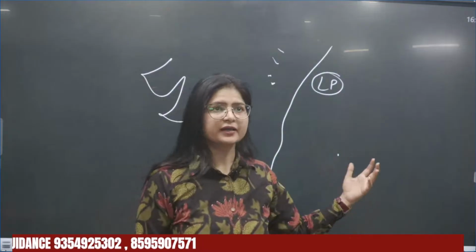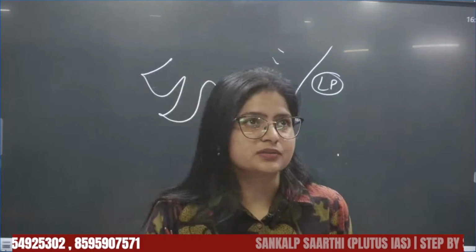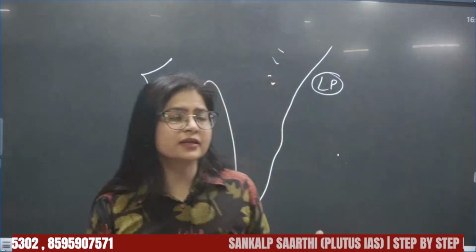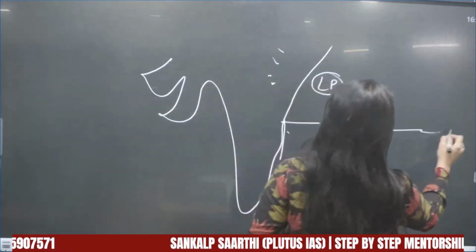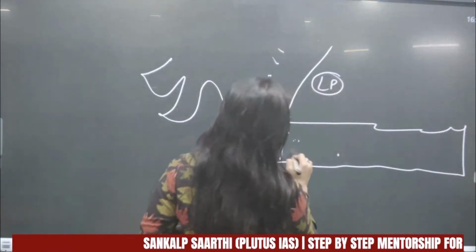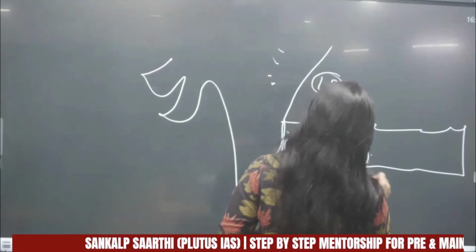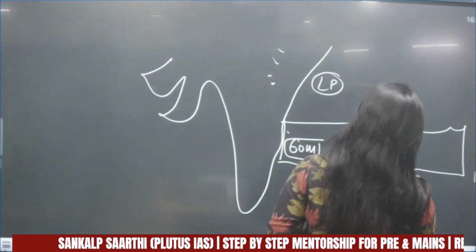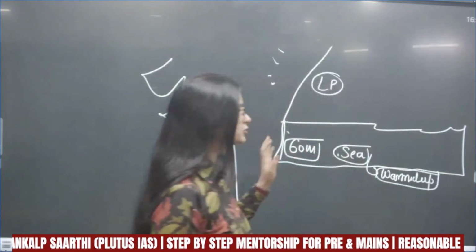Because again there has to be a certain degree of conditions. And what conditions am I considering? That first of all you should have 60 meters of the sea which should be warmed. It can be more, it can be a little less, but this should be the condition.